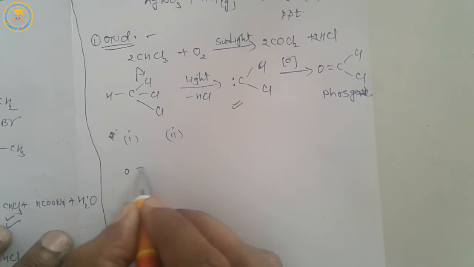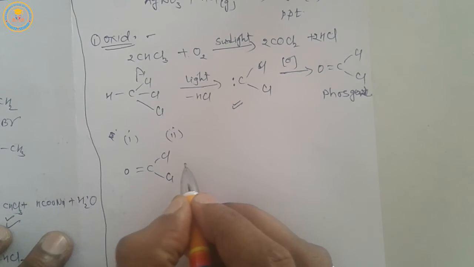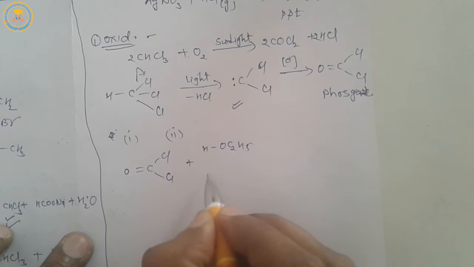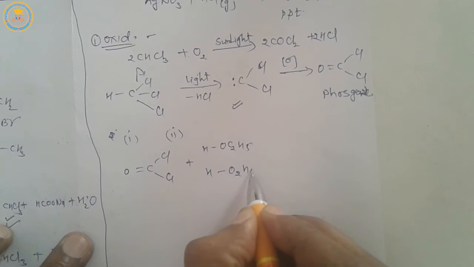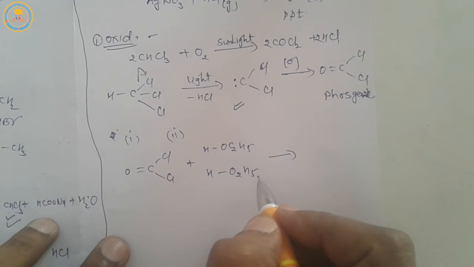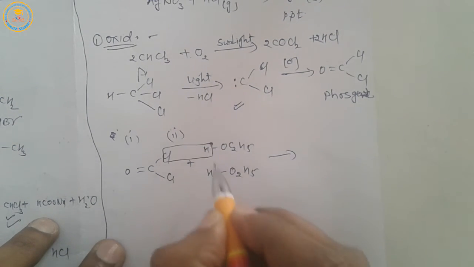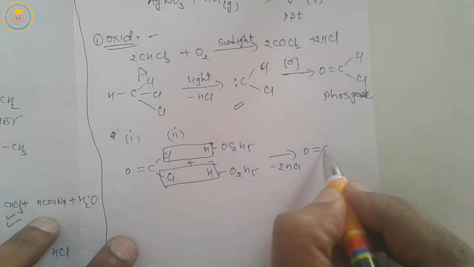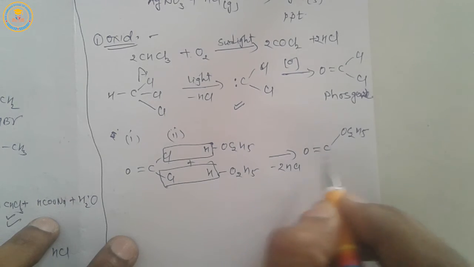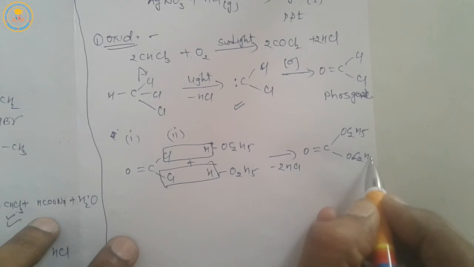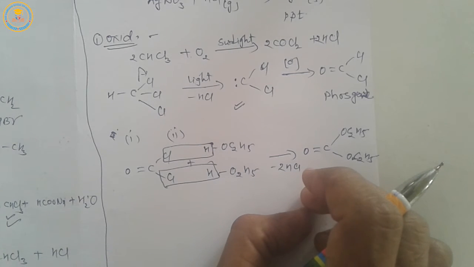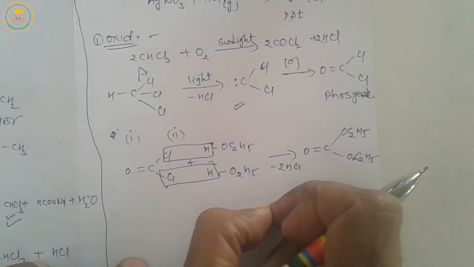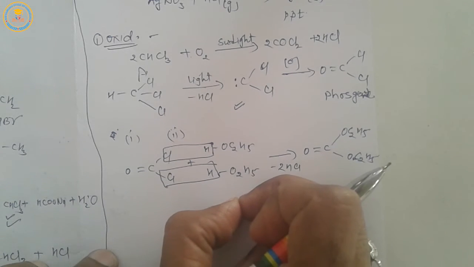So, it is phosgene molecule and it is ethanol molecule. Here, after removal of two HCl molecules, diethyl carbonate, which is a harmless compound, is obtained.